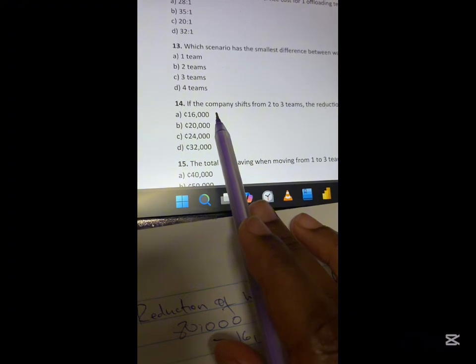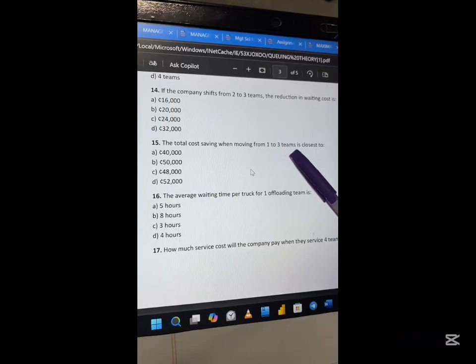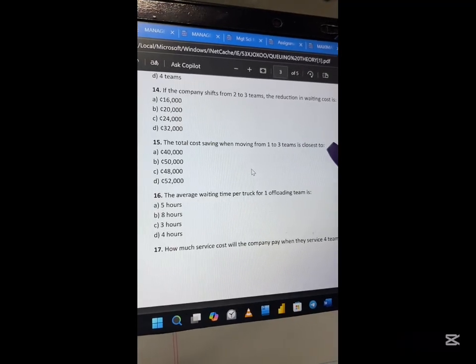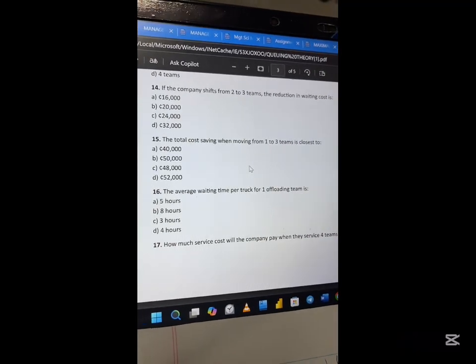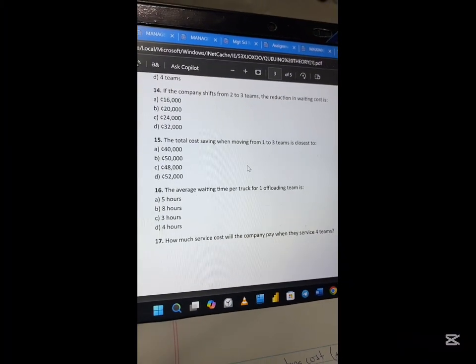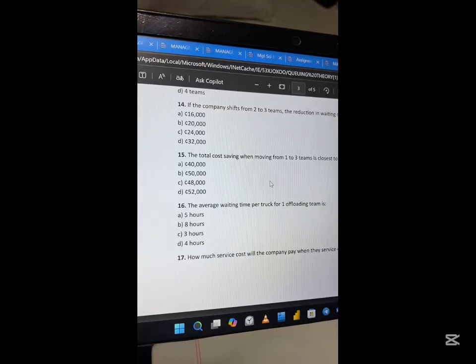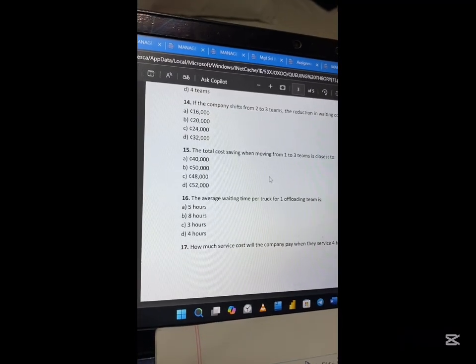A. Question 15. The total cost saving when moving from 1 to 3 teams is closest to. So we are looking at the total cost. Remember, when we are using one team and when we are using 3 teams, the cost will be different.